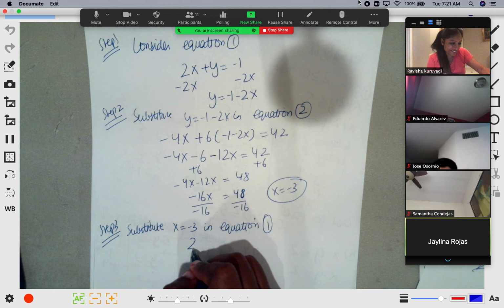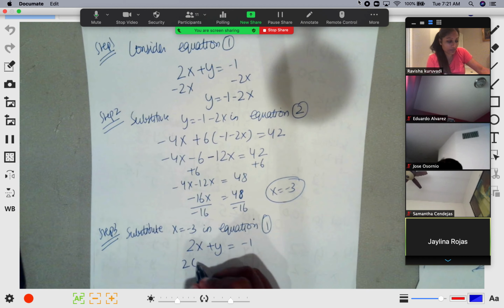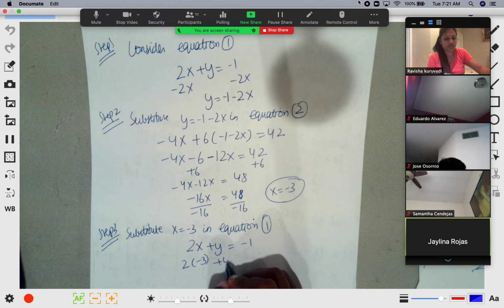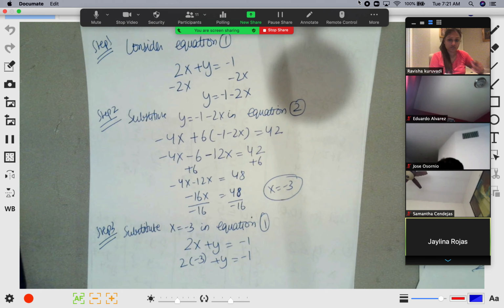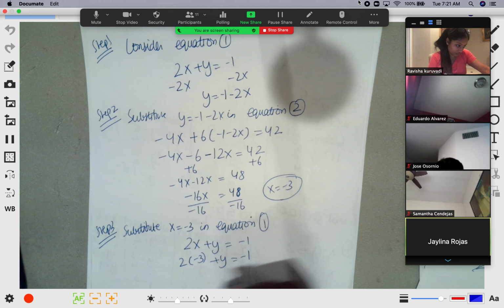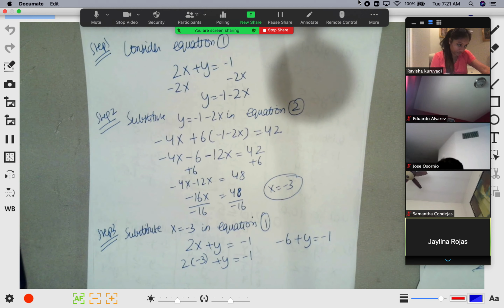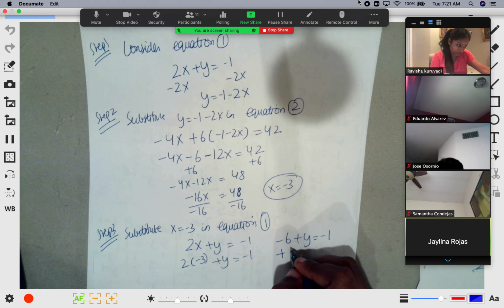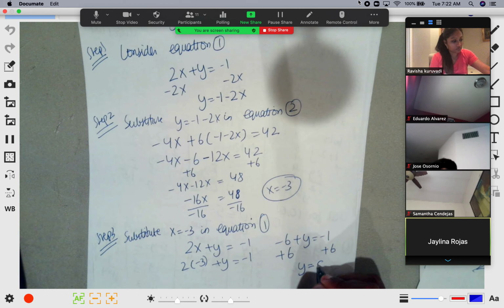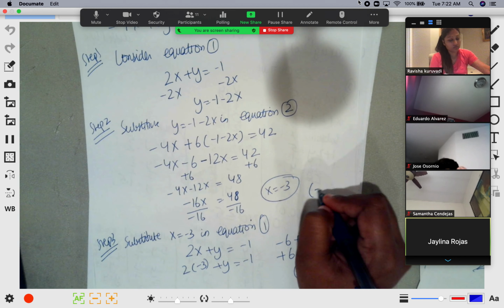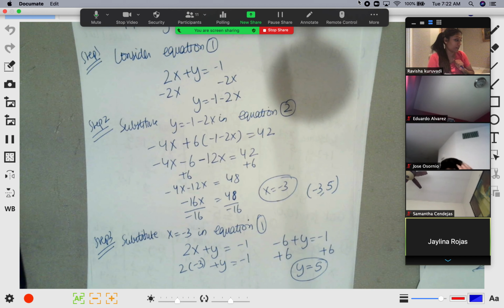Let's see. So you get 2 times negative 3 plus y is negative 1. I would get negative 6 plus y equals negative 1. Then we would add 6 to both sides. Y equals 5. That's your answer, negative 3 and 5. Really good, Jelena.